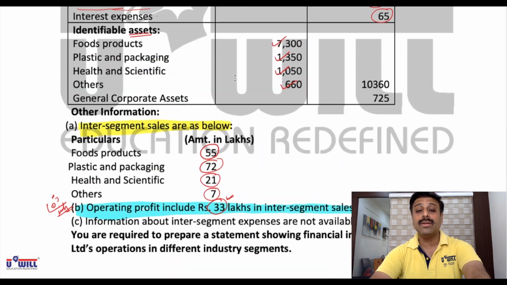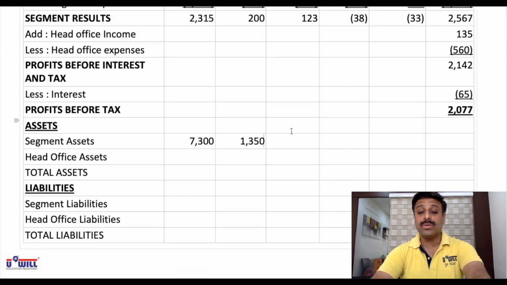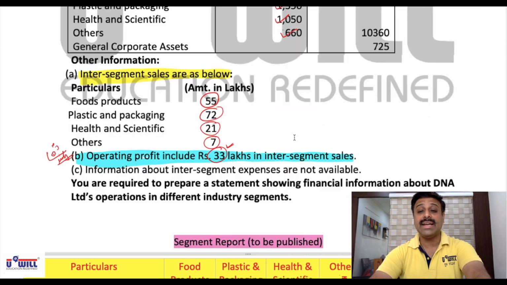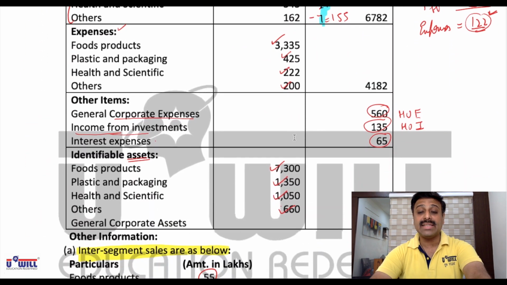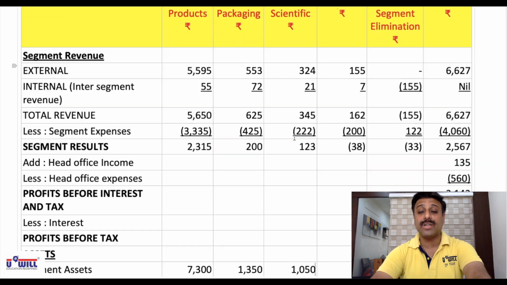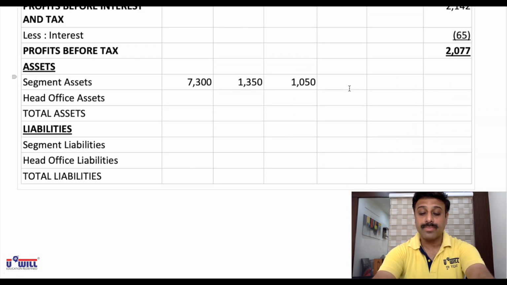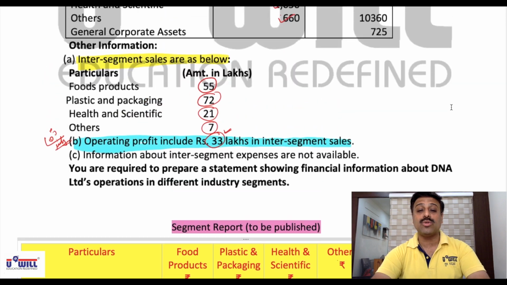Then 1050 health and scientific, and 660 is of others. So total 7300 plus 1350 plus 1050 plus 660, 10360.